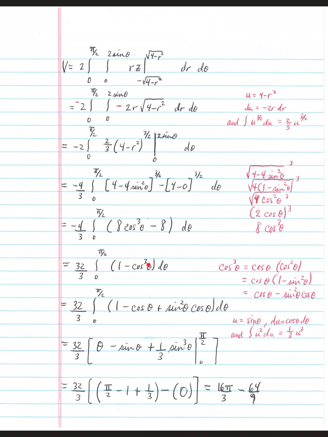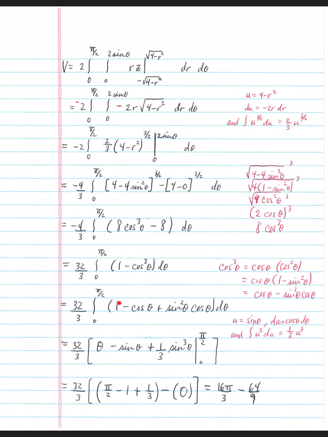I'm going to rewrite cosine cubed as cosine times cosine squared, and this is the work over here in the red. Pythagorean identity, you can switch that out for 1 minus sine squared theta, and that'll give you cosine theta minus sine squared theta cosine theta. And that's the switch in here. So from this step to this step, just see the side work in the red.